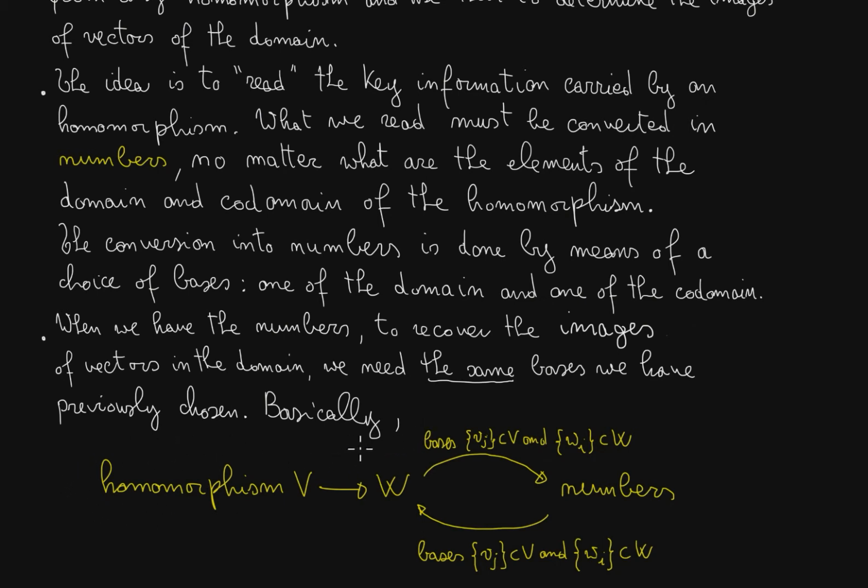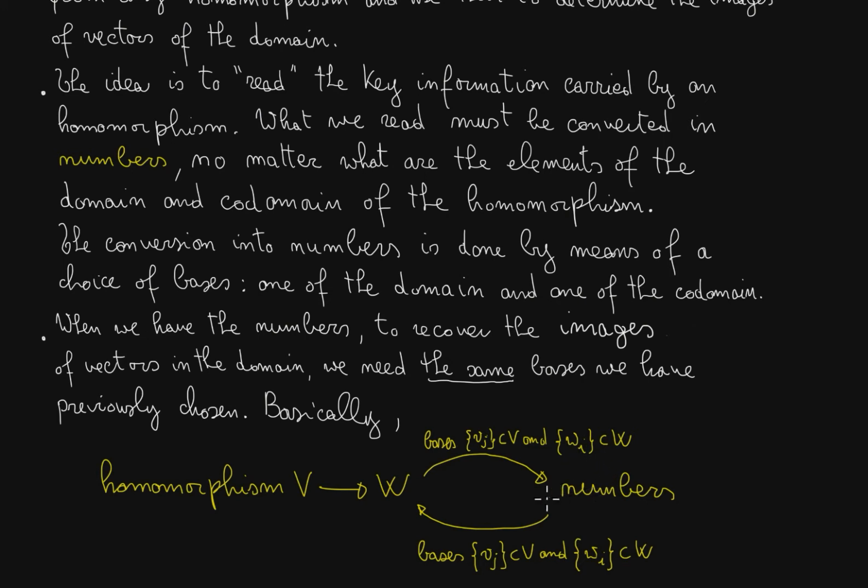On the left, we have a homomorphism from the vector space V to the vector space W. We convert all the information contained in the homomorphism to numbers by fixing two bases, one V_j in the domain and another one which we call W_i in the codomain.